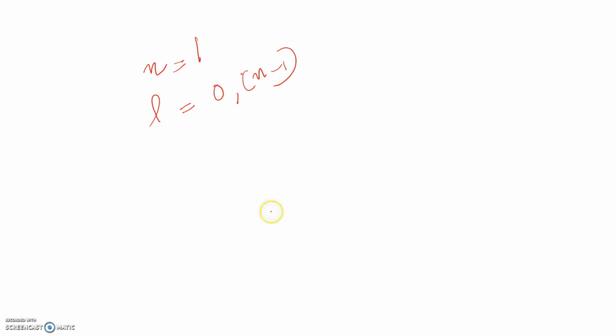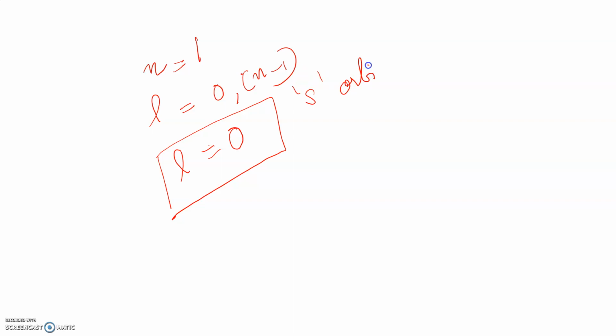For an electron with principal quantum number n equal to 1, what are the possible values of L? L is equal to 0 to n minus 1, so for n equal to 1, L can have the value 0 alone. When L is equal to 0, that denotes the s orbital. For the s orbital, what are the possible values of ml?